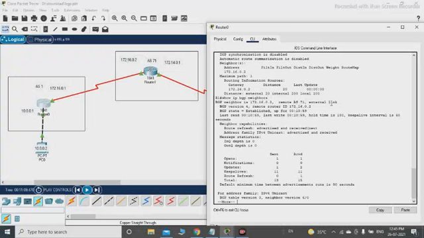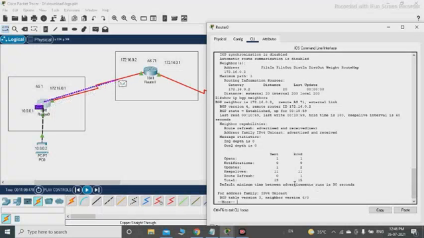We have initially set BGP version 4, and the remote router ID is the same, 172.16.0.2. The BGP state is established, and the last reset is 10:59. All the data are given here, with notifications, updates, keepalives, route refresh, and total sent and received. The minimum time between advertisement runs is 30 seconds, as mentioned.